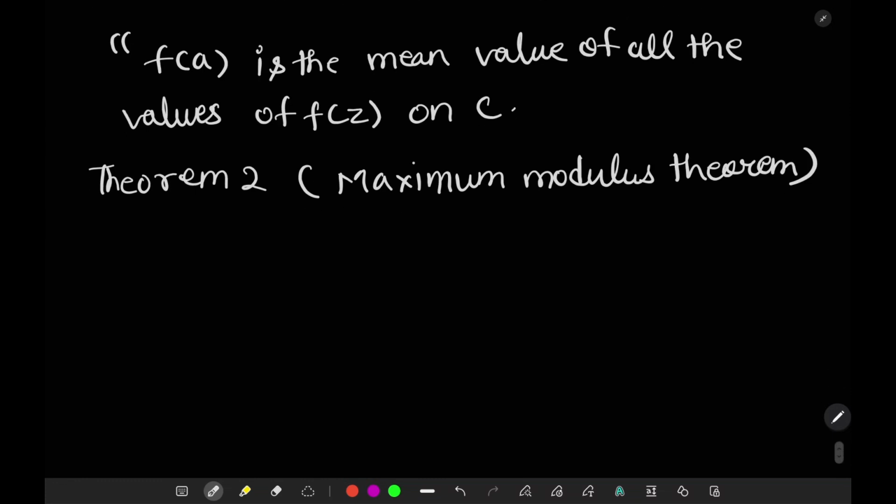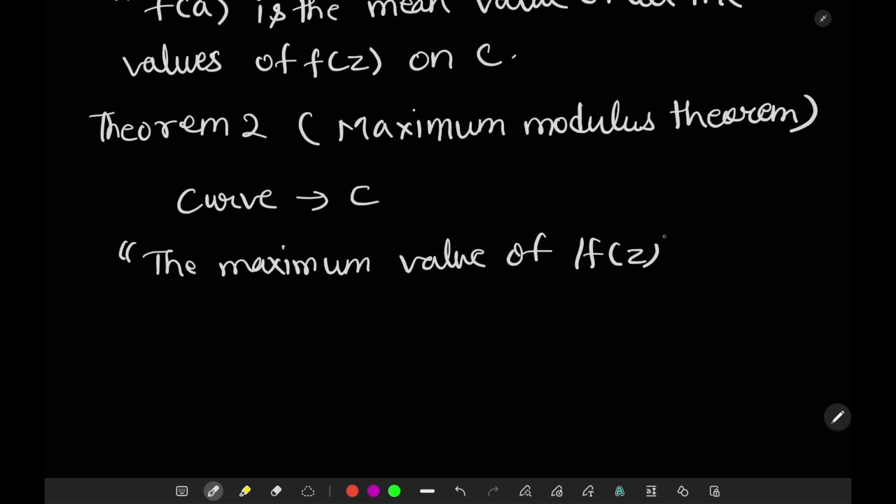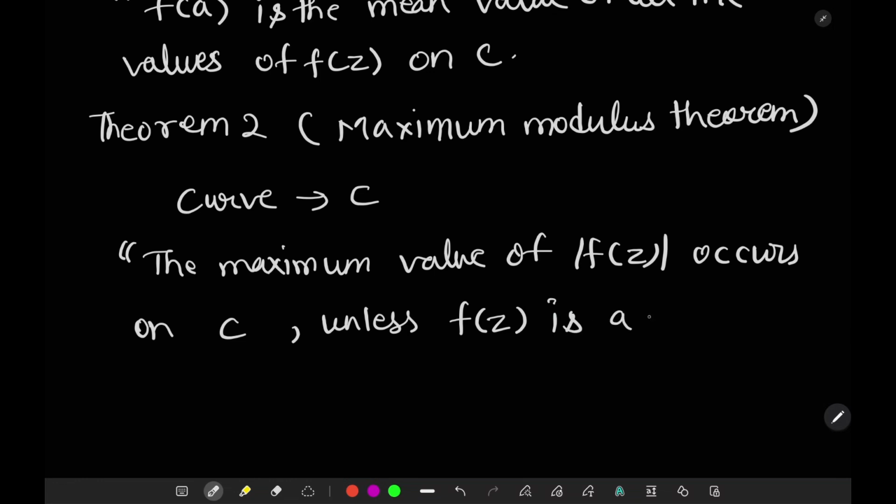If f(z) is analytic inside and on a simple closed curve C, then the maximum value of |f(z)| occurs on C unless f(z) is constant.